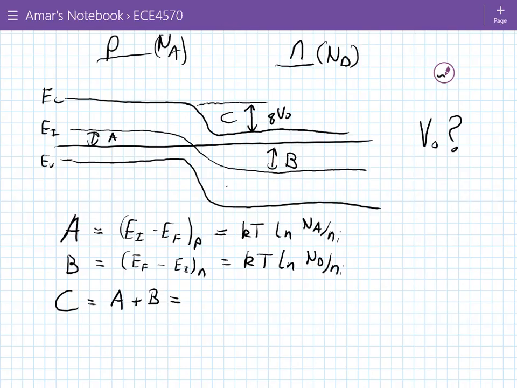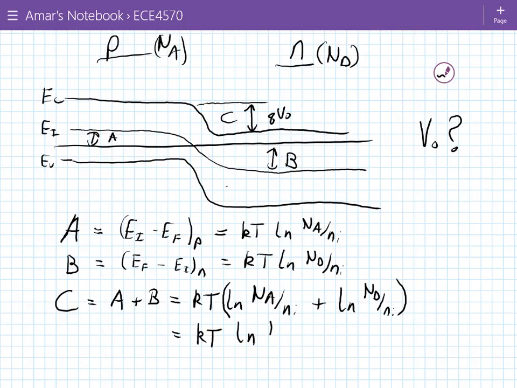So this is going to be KT times ln NA over NI plus ln ND over NI. What happens when we sum up two natural log functions? You multiply the contents together, so you end up getting KT ln of NA ND over NI squared.